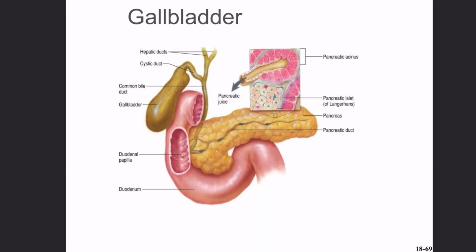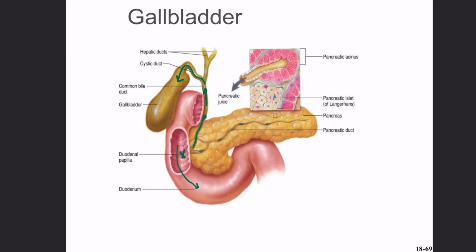So here we have the gallbladder, and we will talk about how when there is no more digestion occurring, like food has moved past, this duodenal papilla closes up and it causes backflow of bile, and then that backflow of bile goes into the cystic duct and gets stored in the gallbladder.